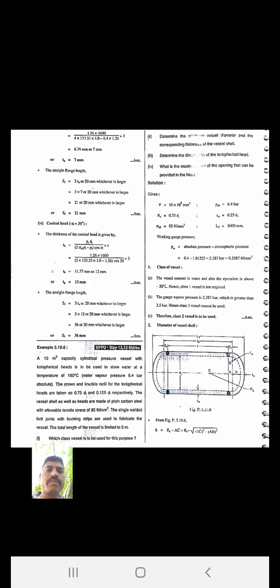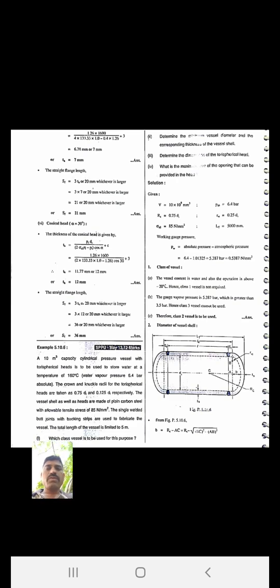Third, determine the diameter of the torispherical head. Fourth, what is the maximum opening that can be provided in the head?